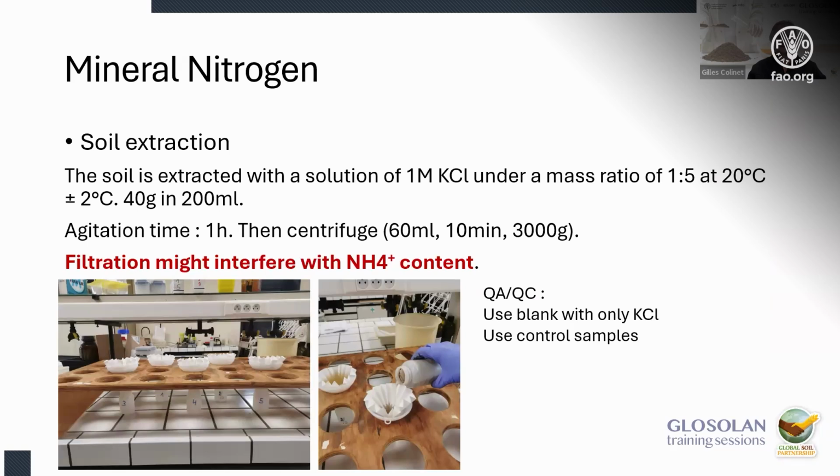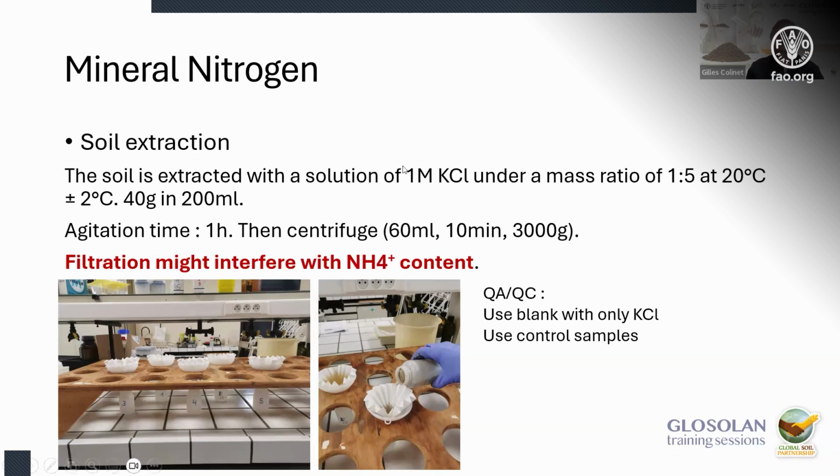Then the soil is extracted with a solution of molar KCl under a mass ratio of 1:5 at a controlled temperature. It's the lab temperature, 20 degrees plus or minus 2 degrees.